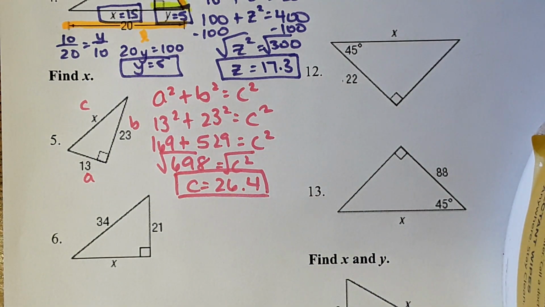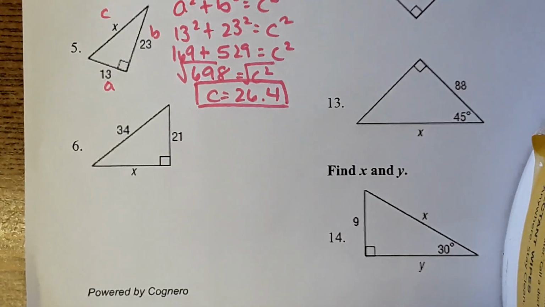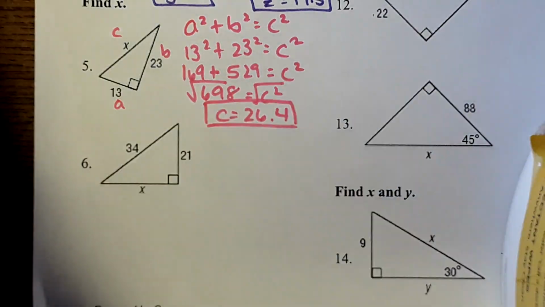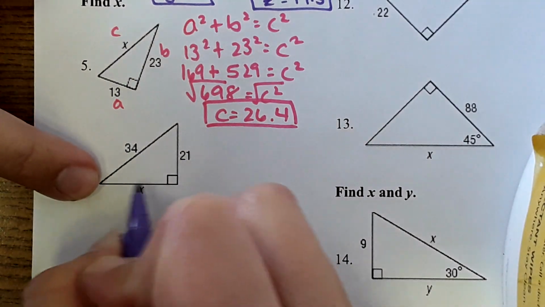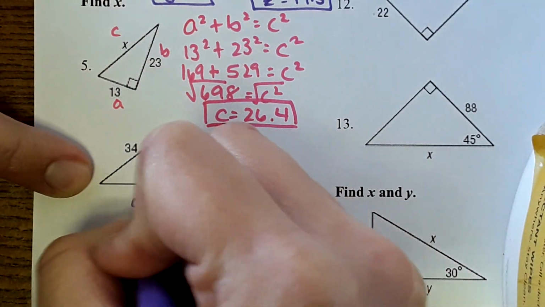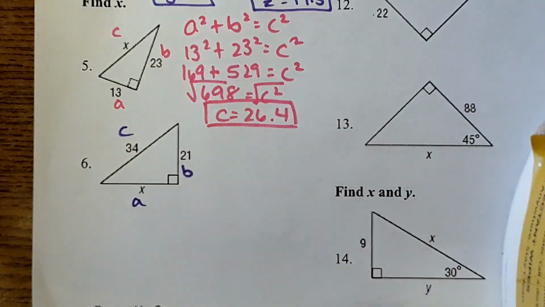26.4. And then for the next one, same idea, Pythagorean theorem. These two sides right here are going to be our a and b, and then this is c.